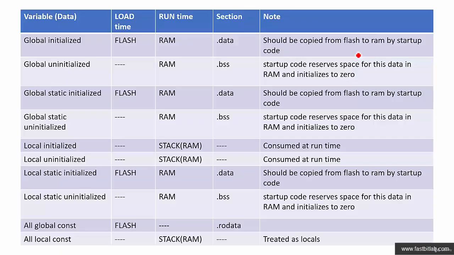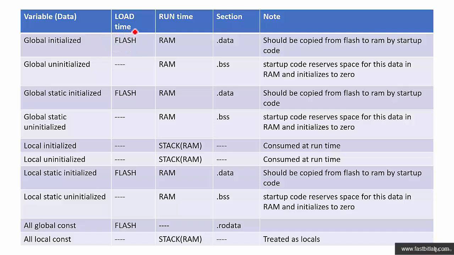In summary, whenever you see the words initialized, global, and static together, you can say that those variables will consume the data section. If you take global initialized data, it has two addresses: a load time address, that is, when you load the executable into the microcontroller flash memory, it has to go and sit in the flash.